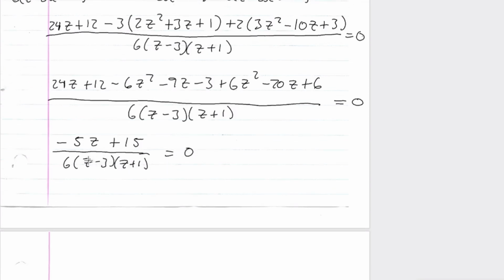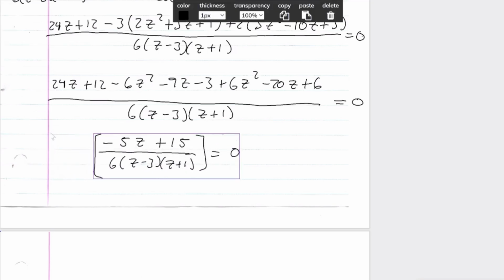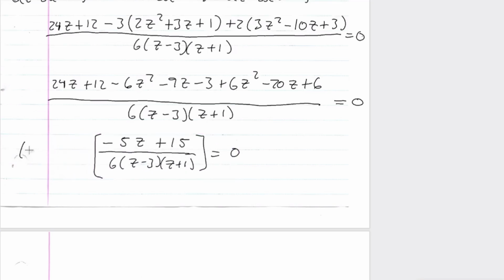Now I'm going to multiply both sides by that denominator. And of course, I'm assuming that z minus 3 and z plus 1 are not 0. That might not be the case, but I'm assuming that so I can solve this because remember, you can't multiply or divide by 0. So I'm going to multiply both of these by 6 times z minus 3 times z plus 1.